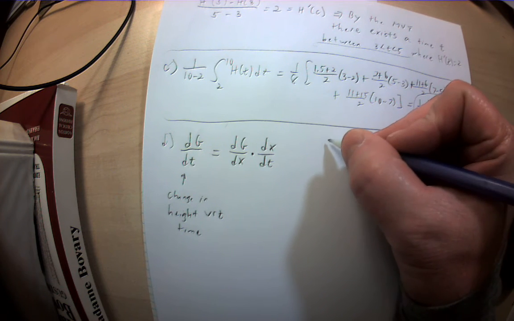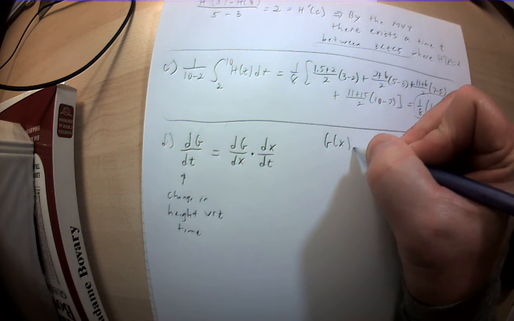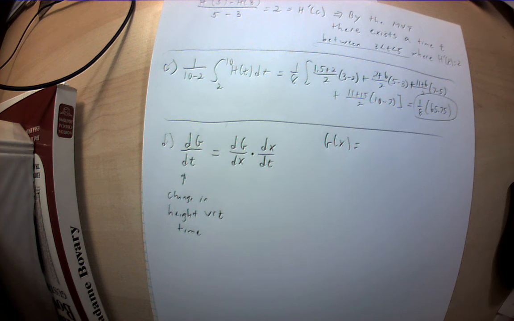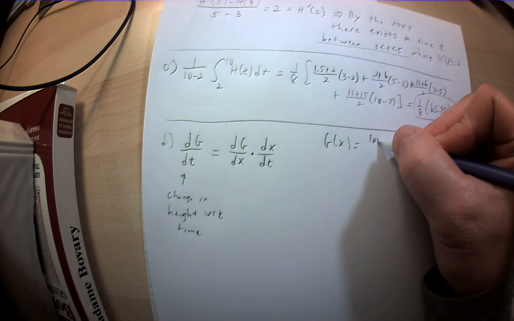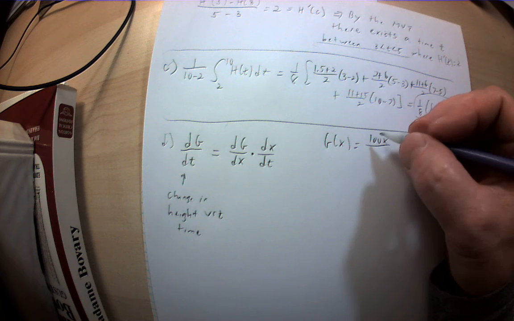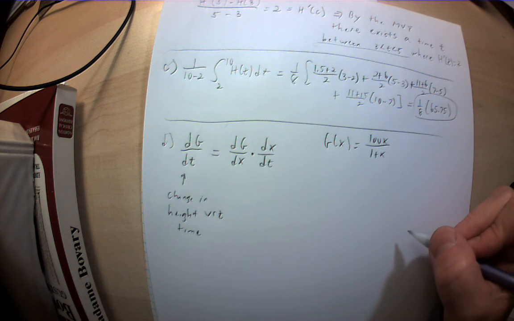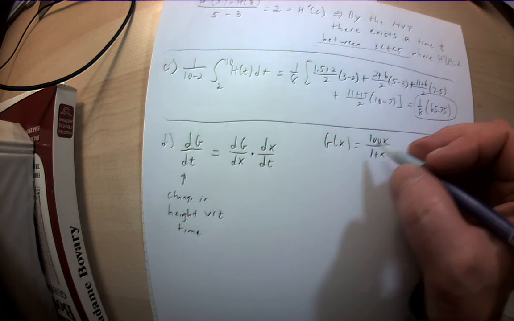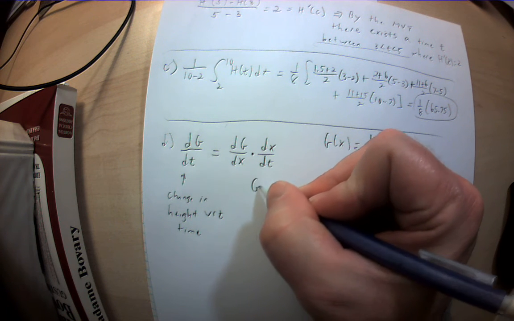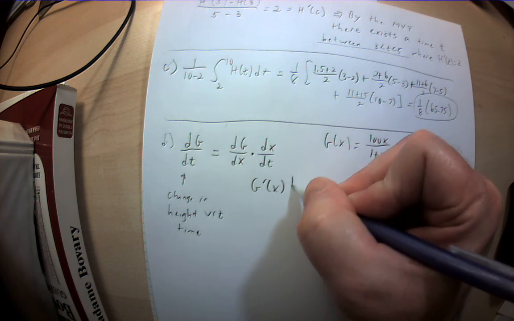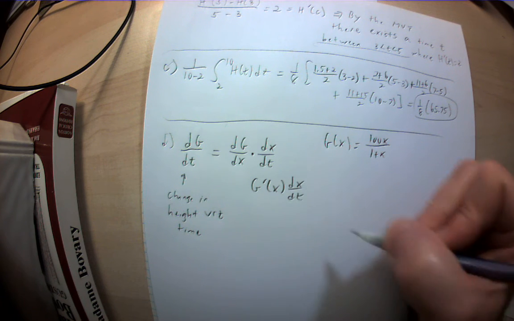Okay, so g of x is 100x over 1 plus x. So what I've got to do is g prime of x times dx over dt.